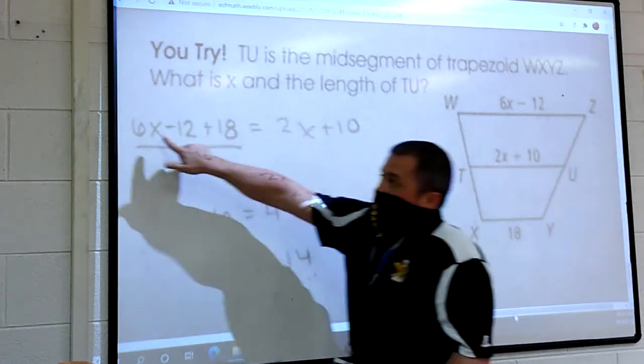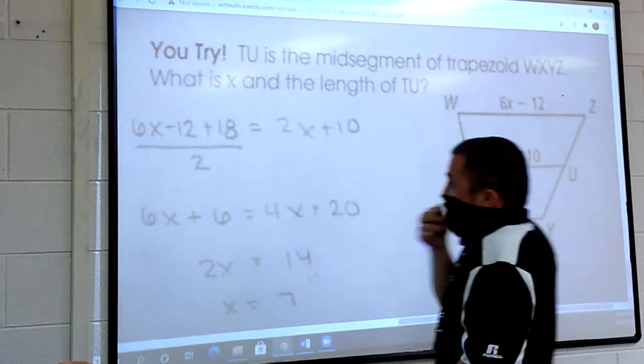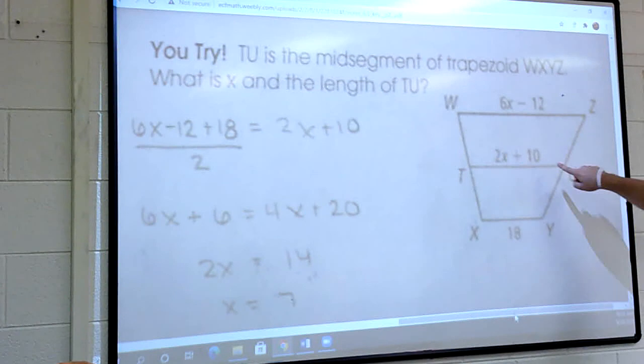So we're adding the top and the bottom. Divided by 2 equals the middle, 2x plus 10. And the very first step we did was multiply by 2 to get that 2 off the bottom. And then we just solved it like a regular equation. So that is how you find that midsection that they call on a trapezoid.